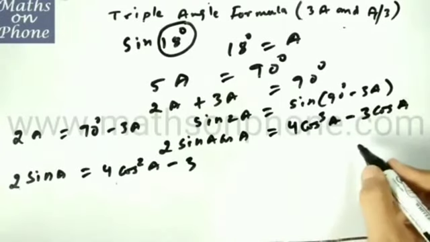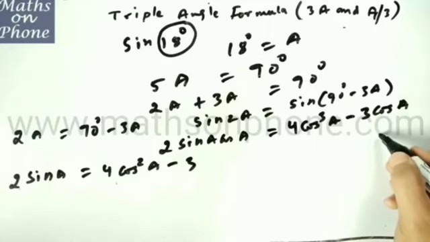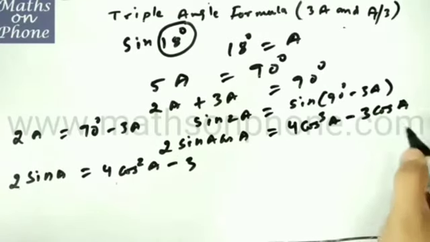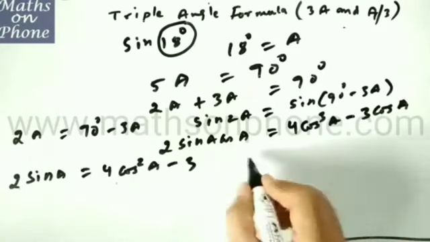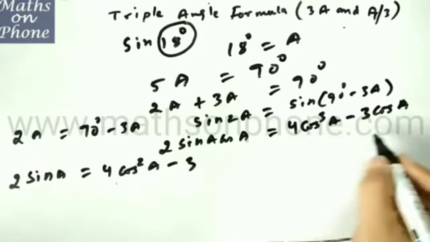How cos is cancelled? I have cancelled cos both sides. Why? Because A is 18 degree and we know that cos 18 degree is not 0. We know cos 90 degree is 0. That is why we are cancelling out. Otherwise, we cannot cancel out the variables whose value we don't know.